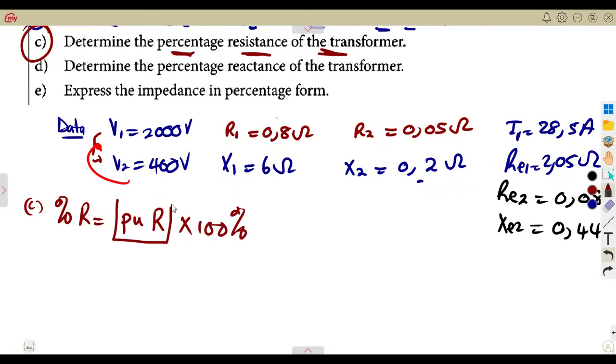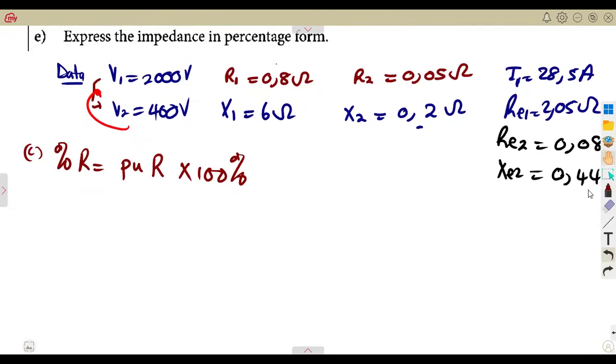And what is the formula for per unit resistance? That is the voltage drop over V1, so you're going to have I1 times the equivalent resistance over V1, times 100%. But is it wrong to use the secondary side? No, we can also use that, to show that we get the same answer.